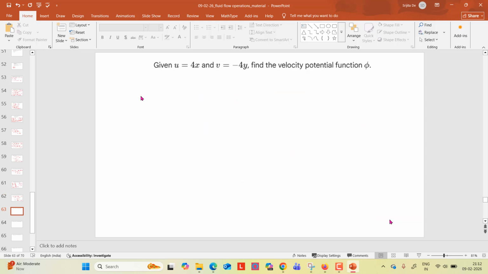Next, given u equals to 4x and v equals to minus 4y, find velocity potential function. So u equals to ∂phi/∂x equals to 4x. So phi is integral of 4x dx, that is 4 by 2 x square plus c equals to 2x square plus c.